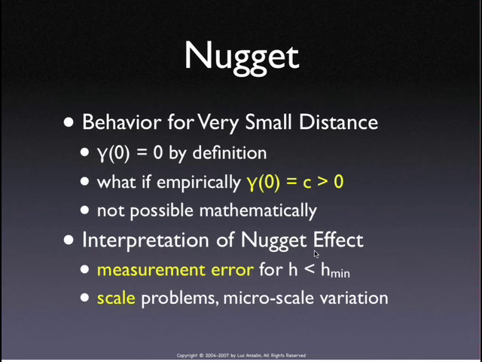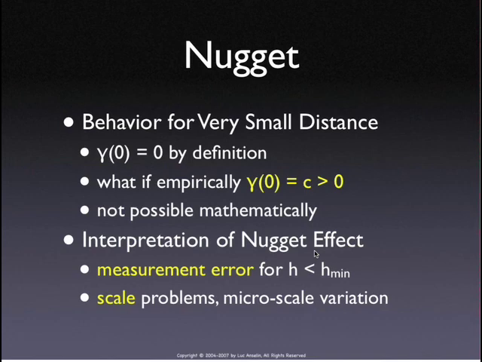Geostatistics started out in South Africa in gold mines. So a nugget is a good thing, right? You're trying to find out if there are clumps of gold that have higher variability than they should according to the process.